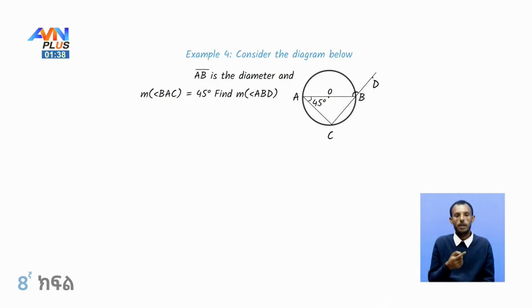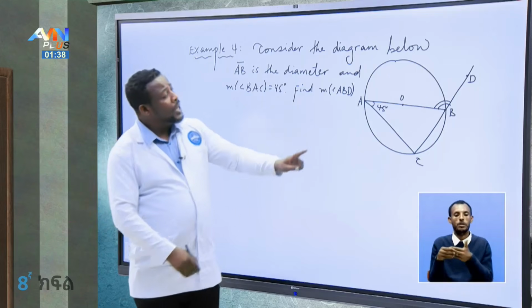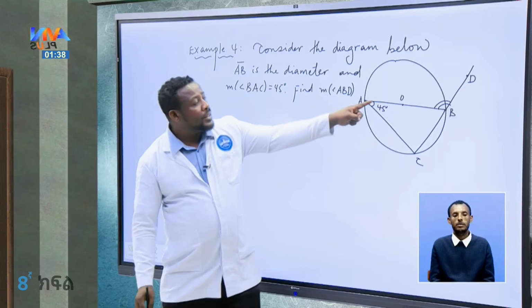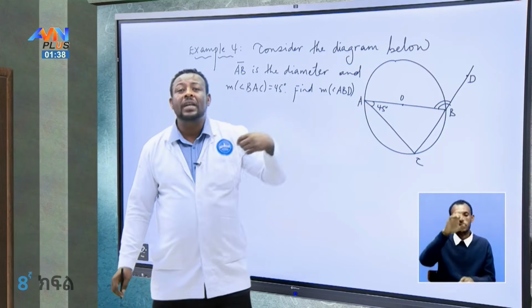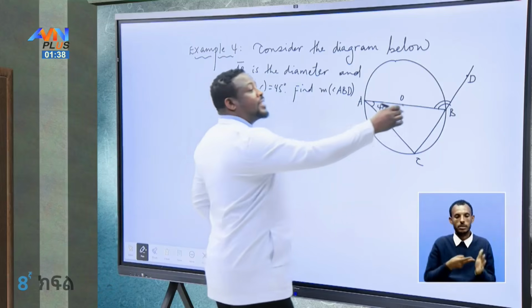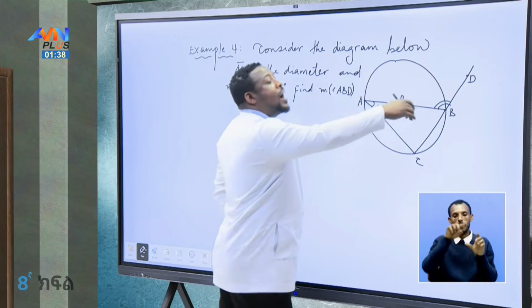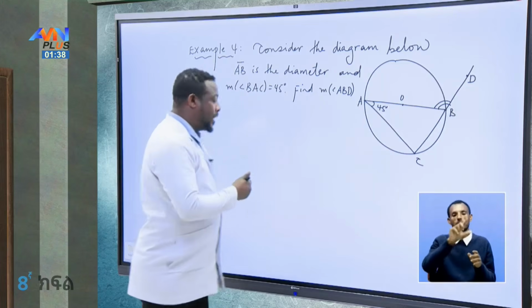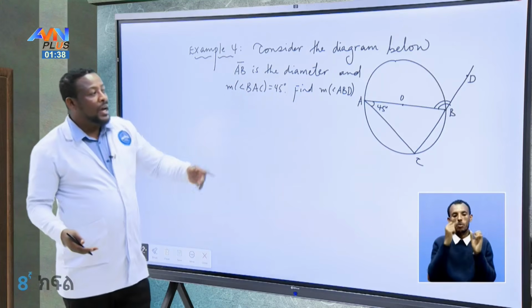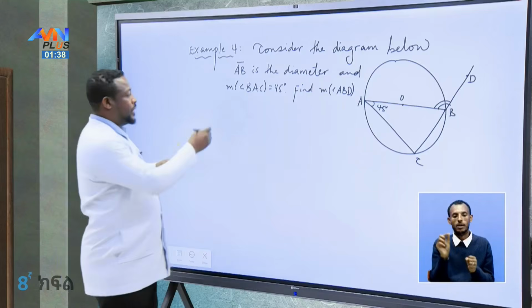Here is the procedure. This angle is 45, which means the arc subtending it, by definition, the inscribed angle is half of the arc subtending it. Therefore, you can calculate the arc BC.